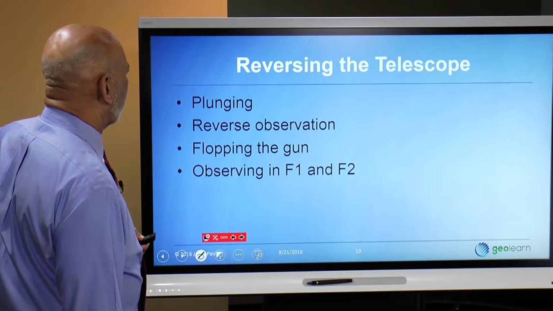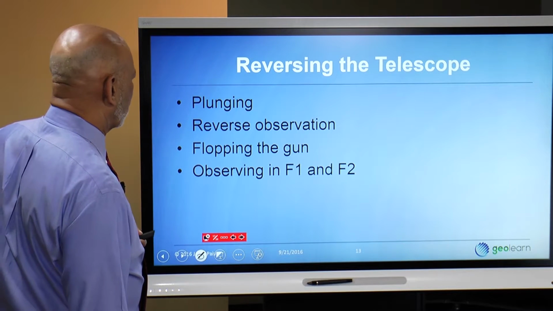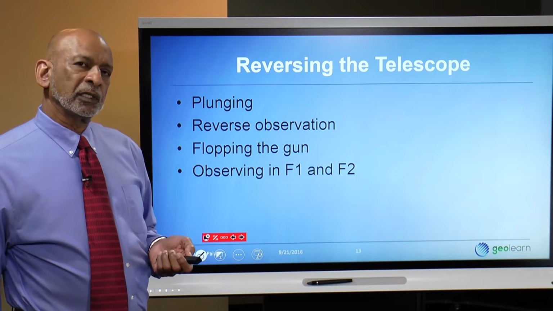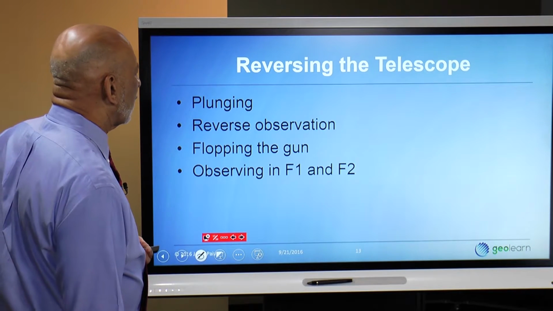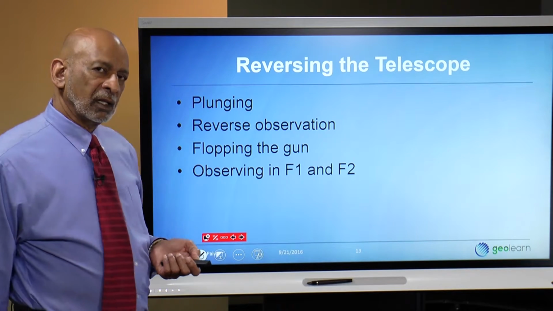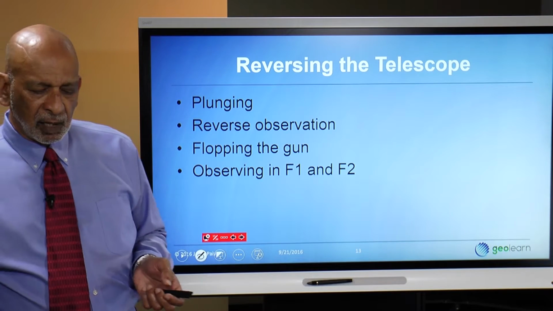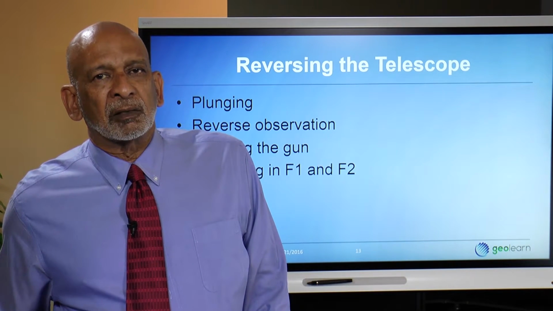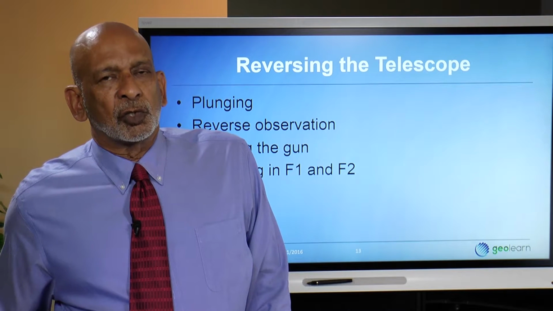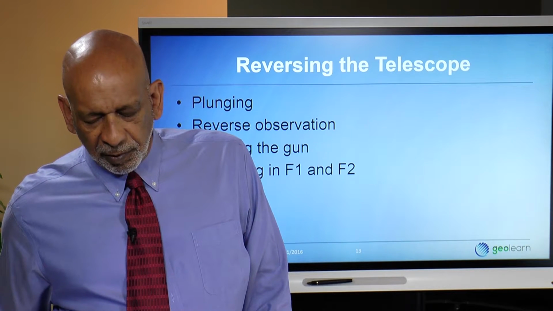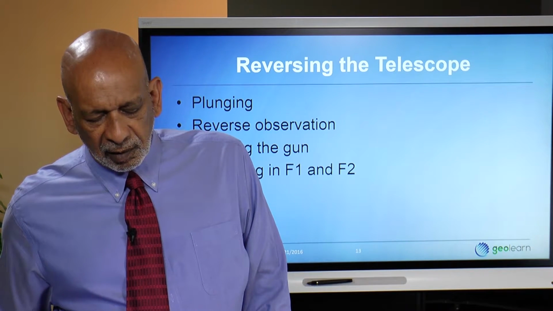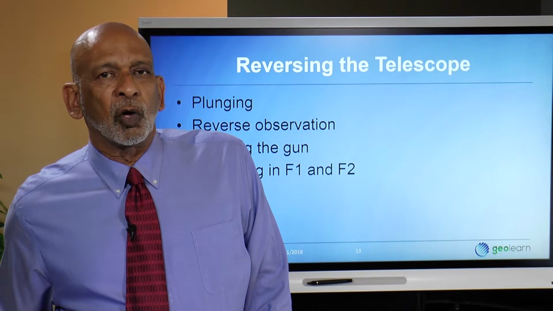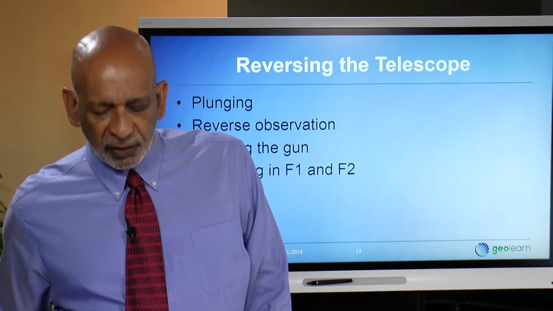So let me talk about, before we move into closing the horizon, another important step. When we measure angles with an instrument like a total station, there are several inherent instrumental errors that can be there because no instrument is in a perfect state of adjustment. So we do something called reversing the telescope.